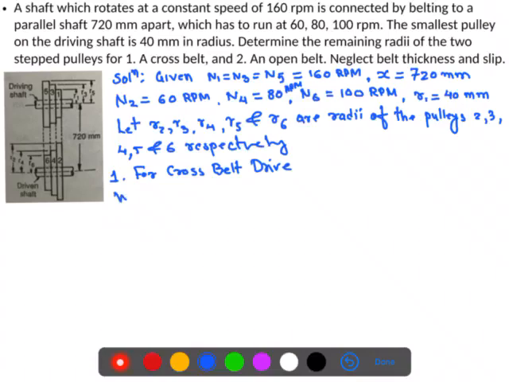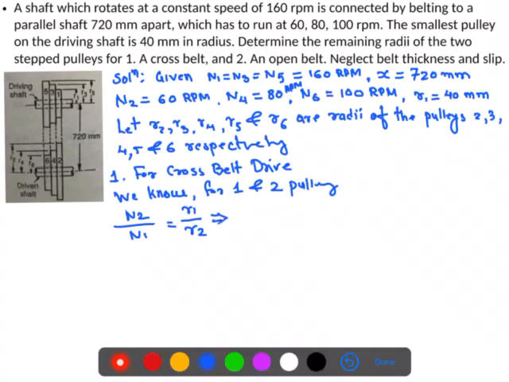we know the velocity ratio for the first and second pulley. Now we will consider the combination of the first pulley and the second pulley, and the velocity ratio for the first and the second pulley, that is N2 divided by N1 is equal to R1 divided by R2.